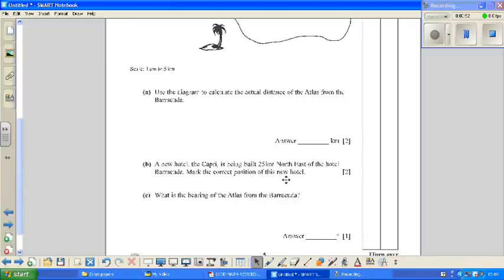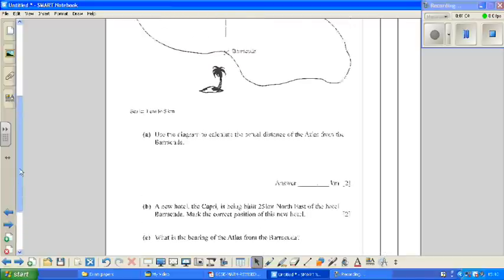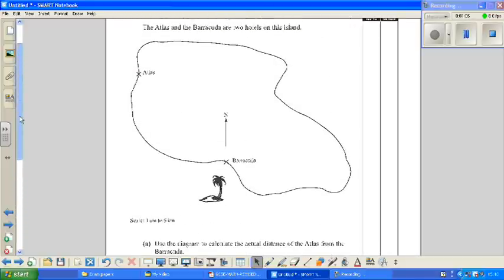You've got to mark that position of the new hotel, and then finally what's the bearing of the Atlas from the Barracuda. So you need to scroll back and forth on the video to have a look and see how you're going to figure out how to do those. So I'll go through the solution.